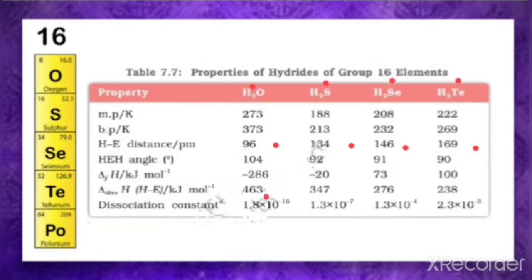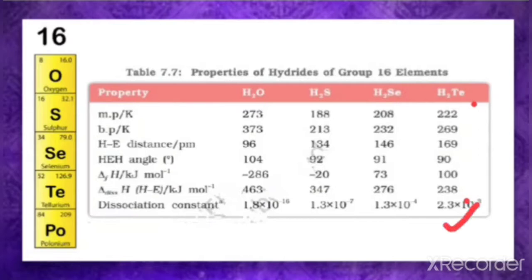When we check the bond dissociation enthalpy values given here, it is clear that for H2Te the bond dissociation enthalpy is less compared to the others. That is the same reason. Because of this, in the case of H2Te less energy is required to break the bond, therefore it gives H plus easily.